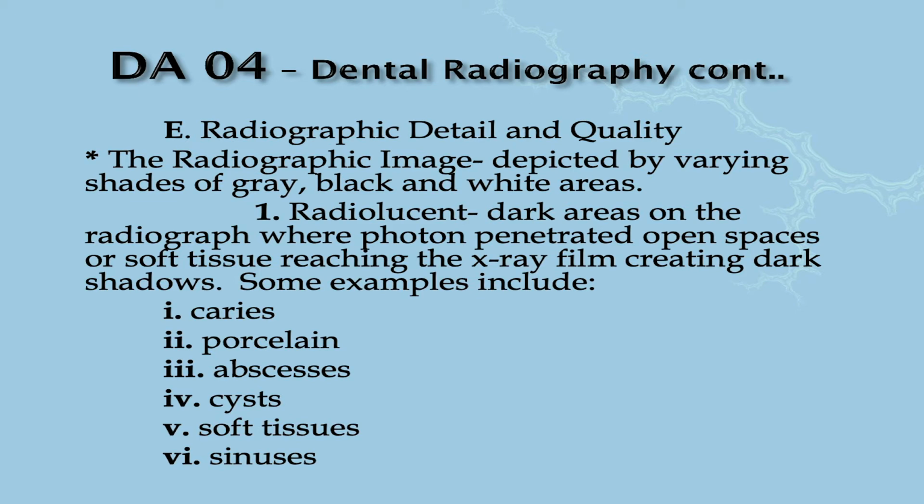Radiolucent means dark areas on the radiograph where the photons penetrated open spaces or soft tissue, reaching the x-ray film and creating dark shadows. Examples of things that might look radiolucent or darker on a film are caries, porcelain, abscesses, cysts, soft tissue, and sinuses, which will be darker levels of gray.